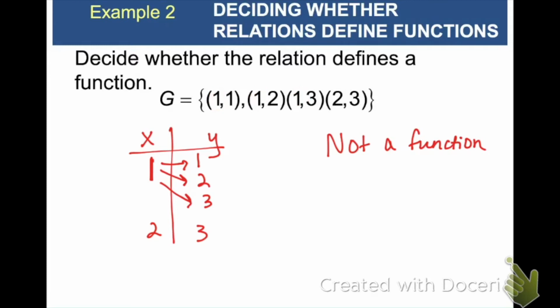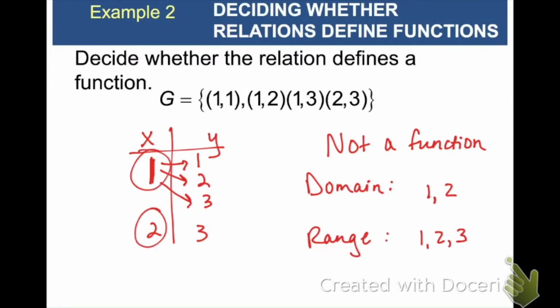Or if you wrote it out in a table, you can see that this x value of 1 has more than one y value. So that is not a function. And they could still ask you for domain and range. And remember, domain is all of your x values. So the x values are just 1 and 2. And then your range is all of the y values. So that's 1, 2, and 3. You don't need to repeat yourself.